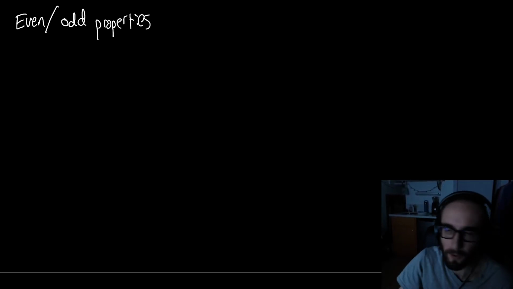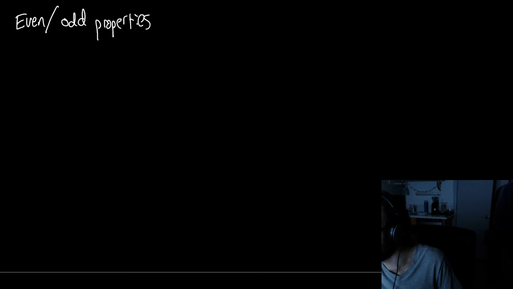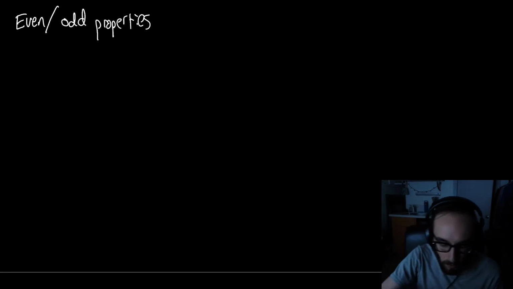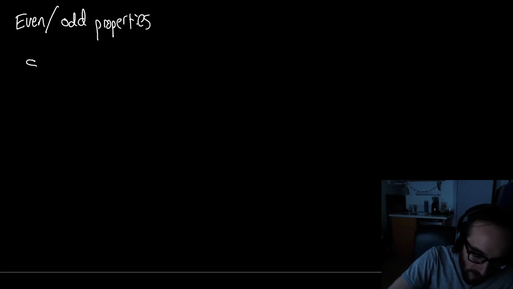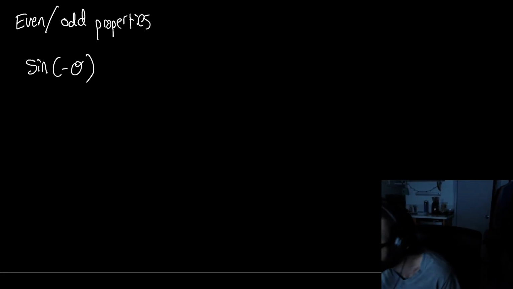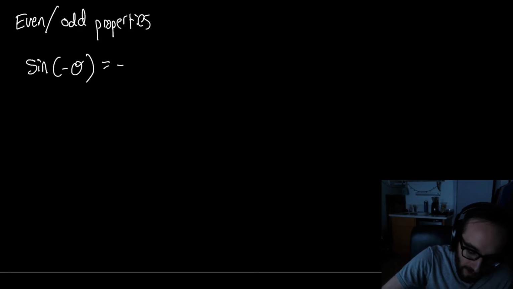So if you remember, we talked about even and odd functions earlier in the semester. And sine and cosine kind of follow some of those even and odd properties that we talked about. So, for example, if we have sine of negative theta, that's going to be the same as the negative sine of theta.